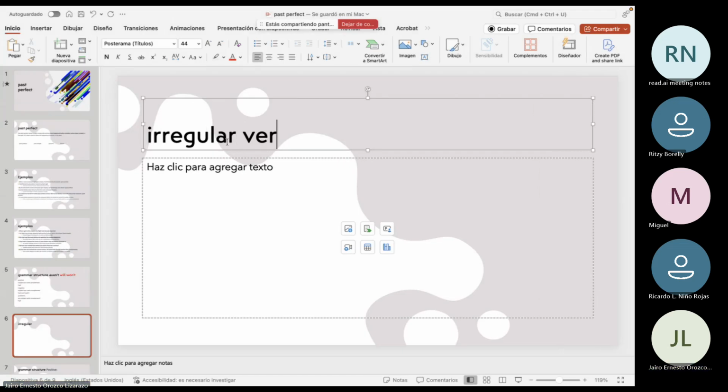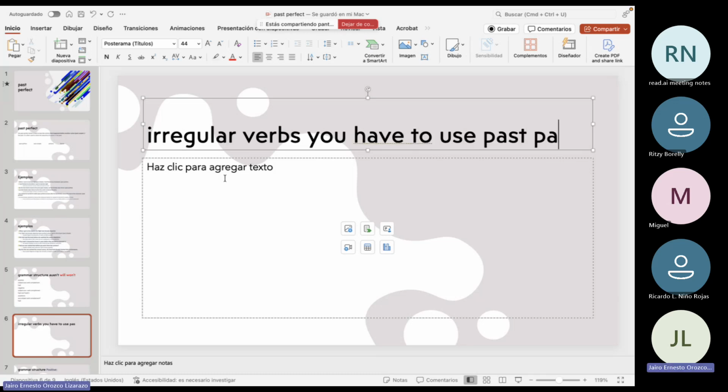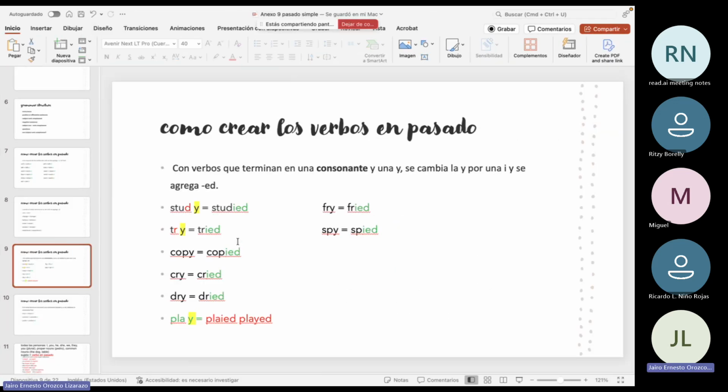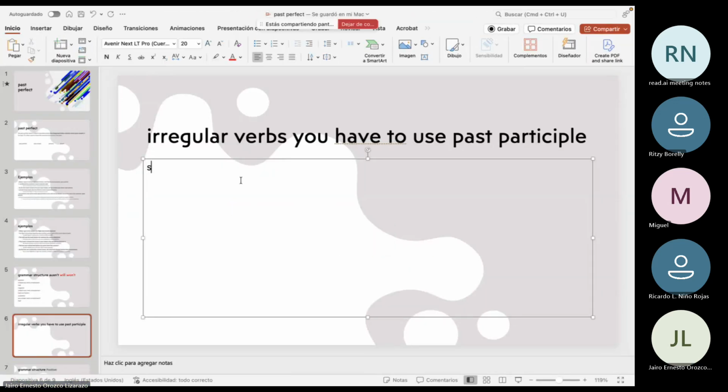Irregular verbs, you have to use the past participle, right? So when you search irregular verbs on the web, you have the Spanish word, for example, manejar.